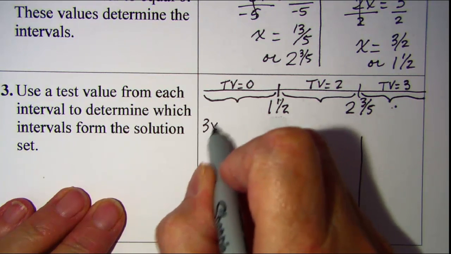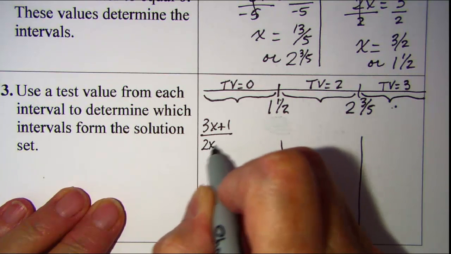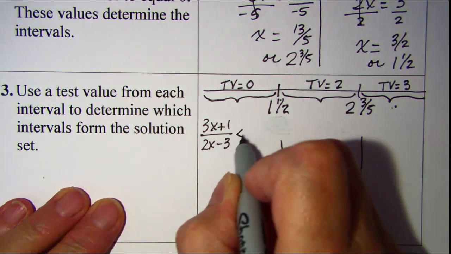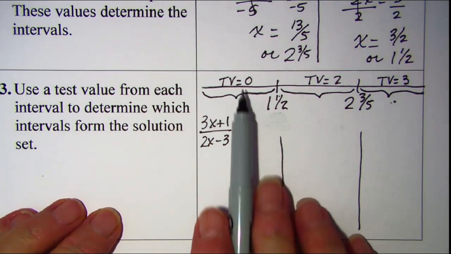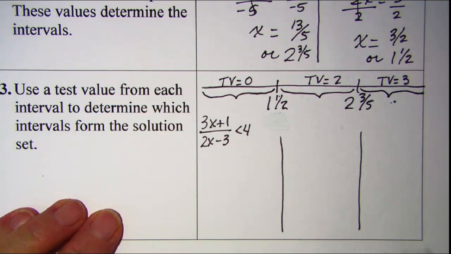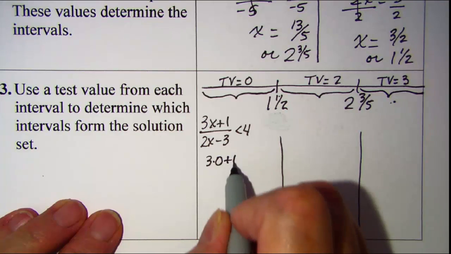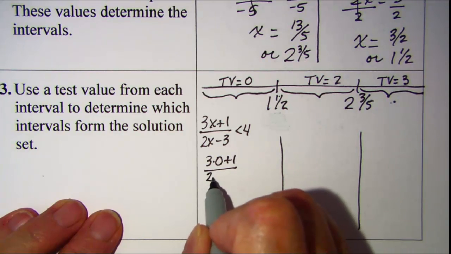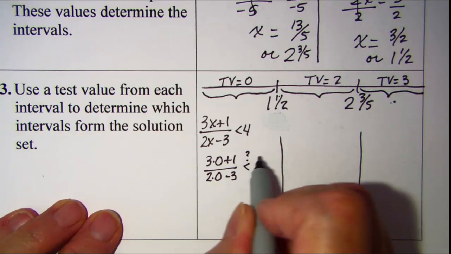And for this interval, I have a test value of 0, so I'll just stick that in there. 3 times 0 plus 1 over 2 times 0 minus 3, and I want to know if that's less than 4.